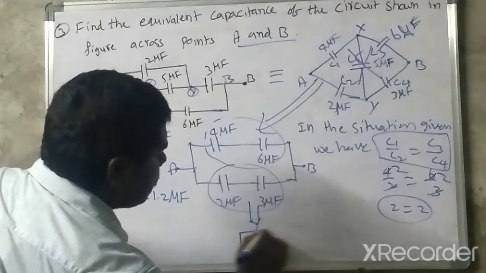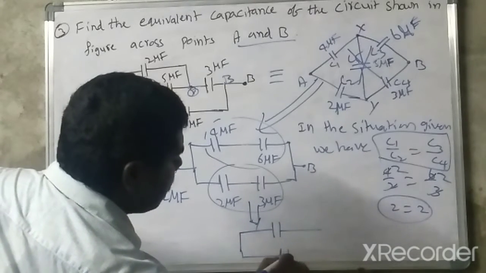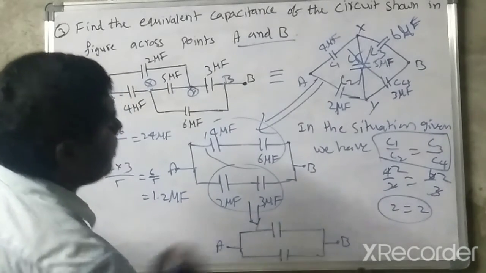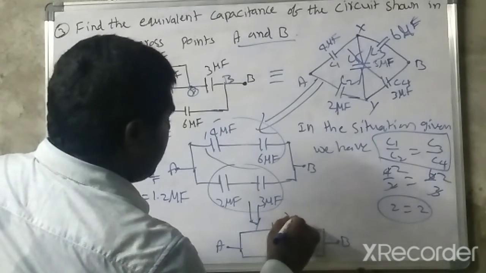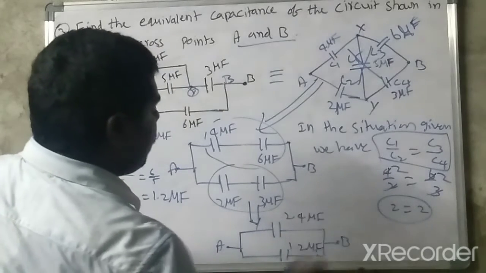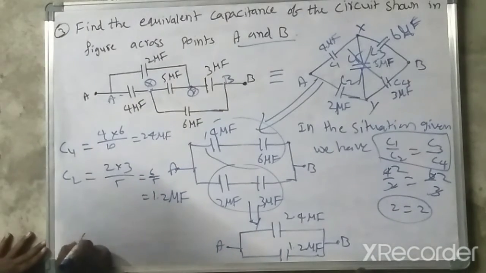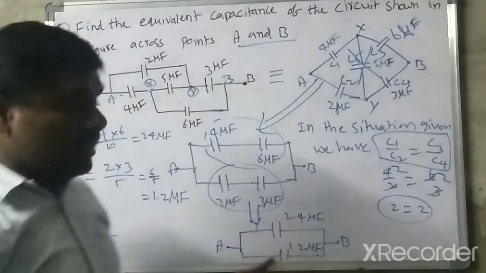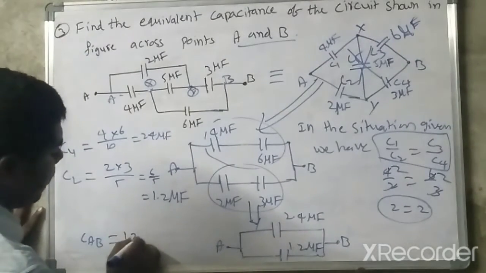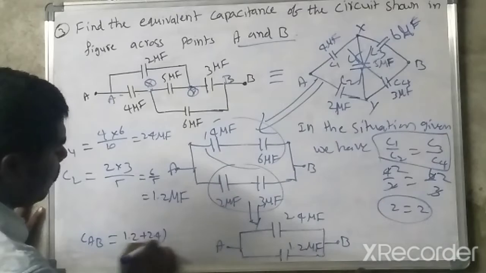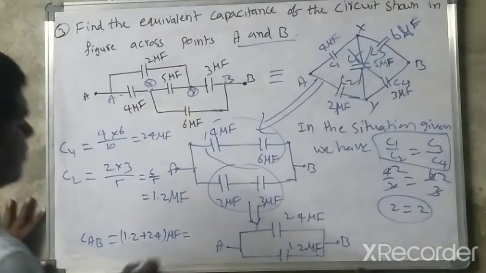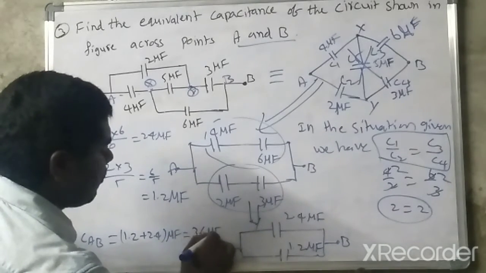So you may draw the circuit again here. This point is B, this point is A, here the 2.4 and here 1.2 microfarad. Again, C equivalent between A and B: these two are parallel, so you may add. So 1.2 plus 2.4 microfarad is equal to a total of 3.6 microfarad.